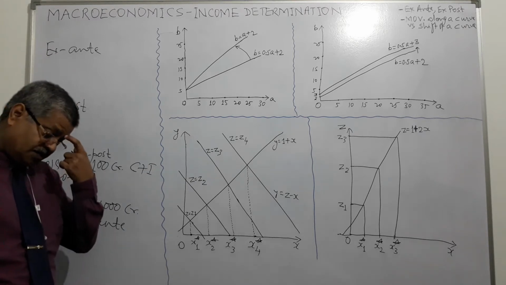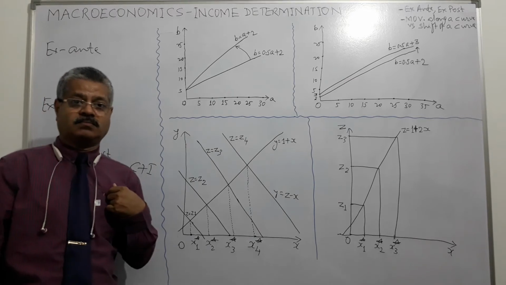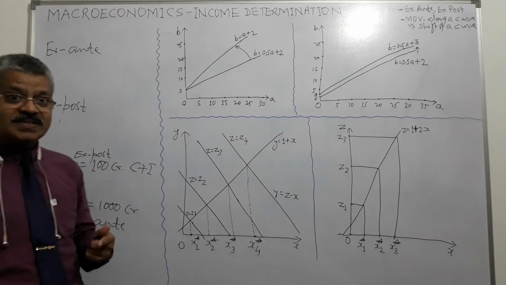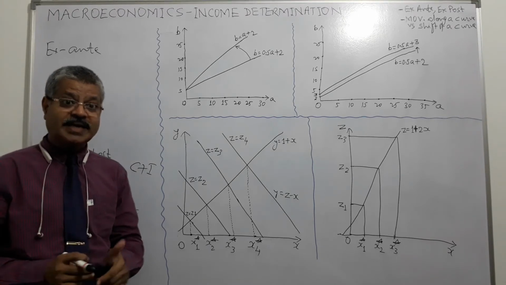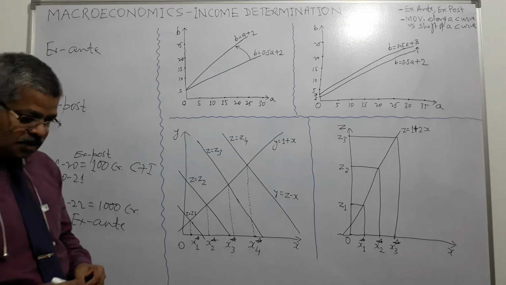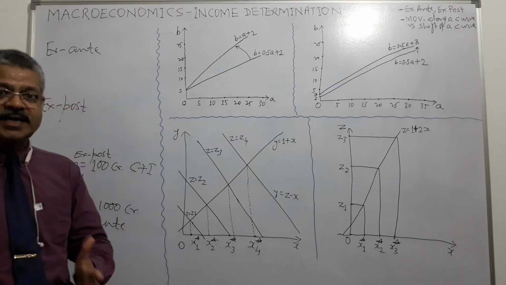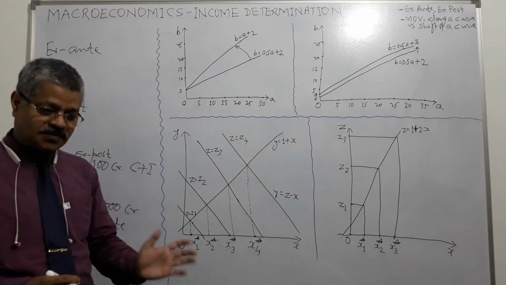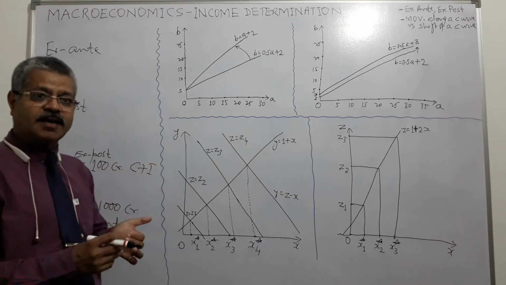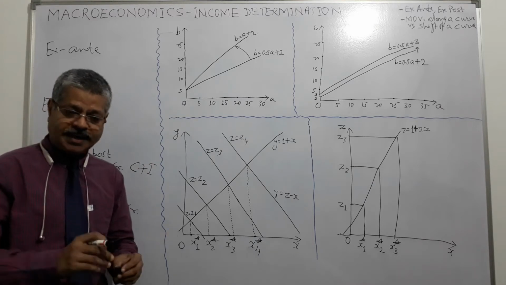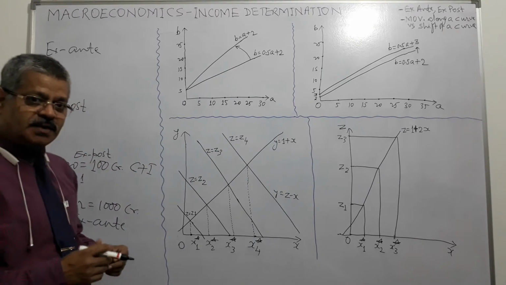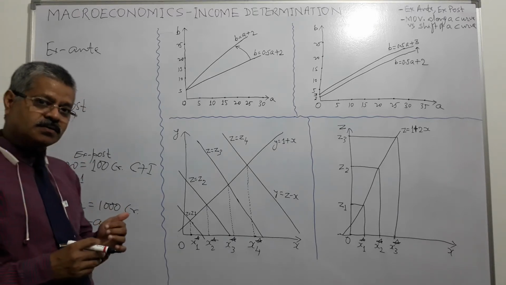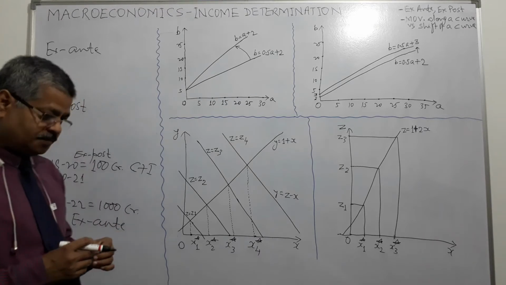Right? A simple example: suppose I have got a farm. I decide for the next year that I will invest 100 rupees in my inventory. It means next year my inventory should go up by 100 rupees. But what happens? Sales go up. Whatever I had produced, I sold, and out of that 100 rupees of inventory, I sold 25 rupees. So I am left with 75 rupees of inventory.